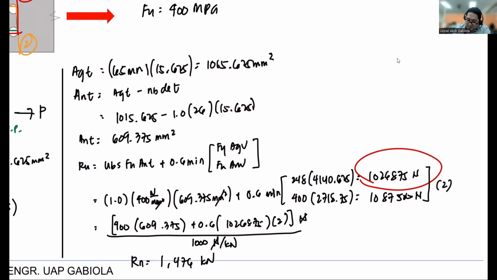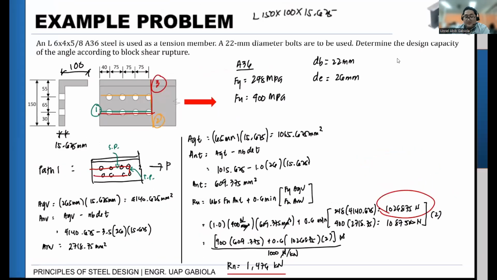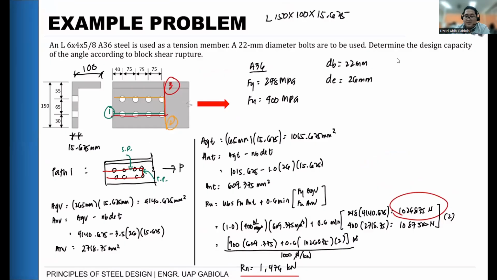So this is the capacity of our first path, 1,476 kilonewton. Again, that is only the nominal resistance of our path 1. Right? So we still have 2 other paths.